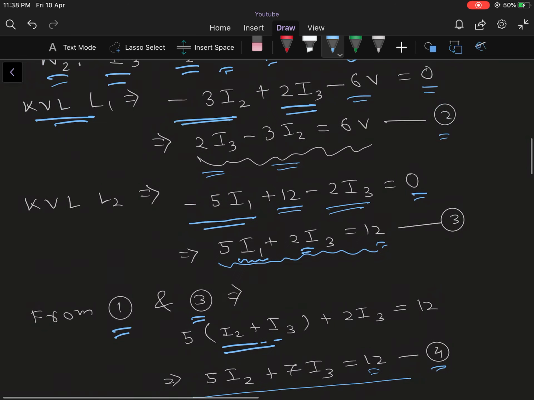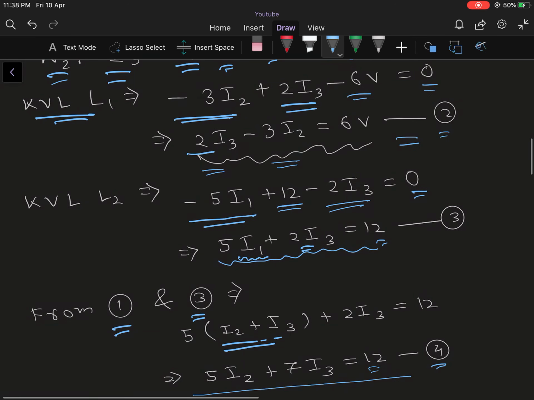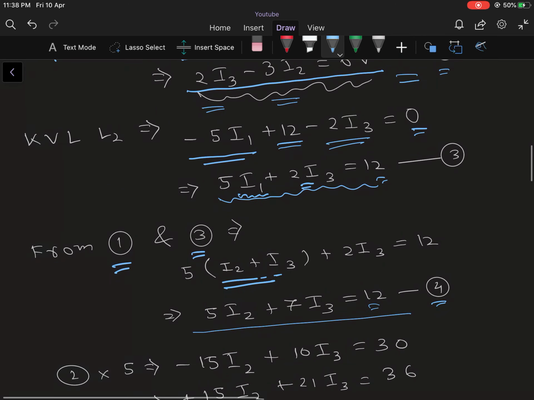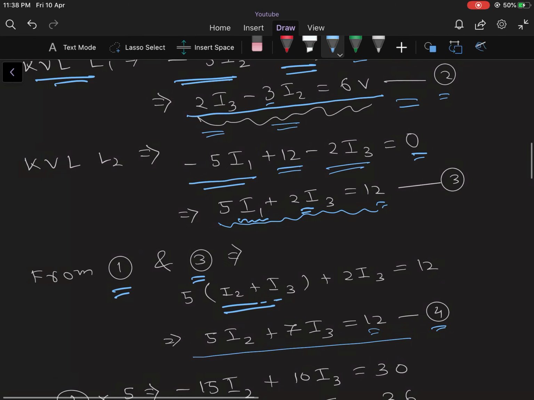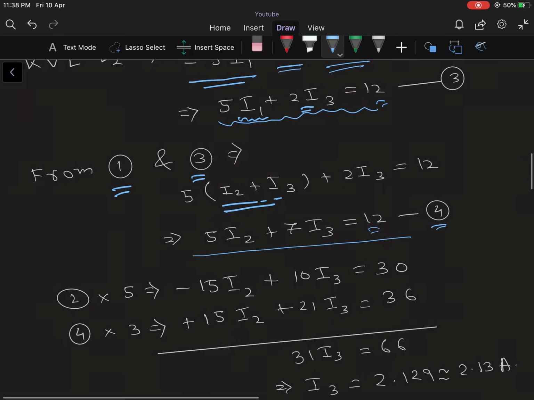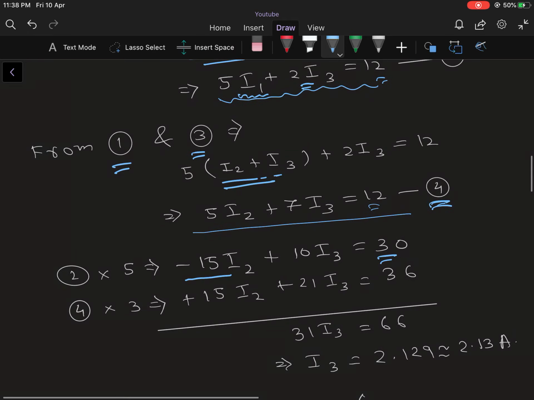Now multiply 5 with equation 2. So multiply 5 with this equation. So that is coming out to be minus 15 I2 plus 10 I3 equal to 30. And now multiply 3 with equation 4.